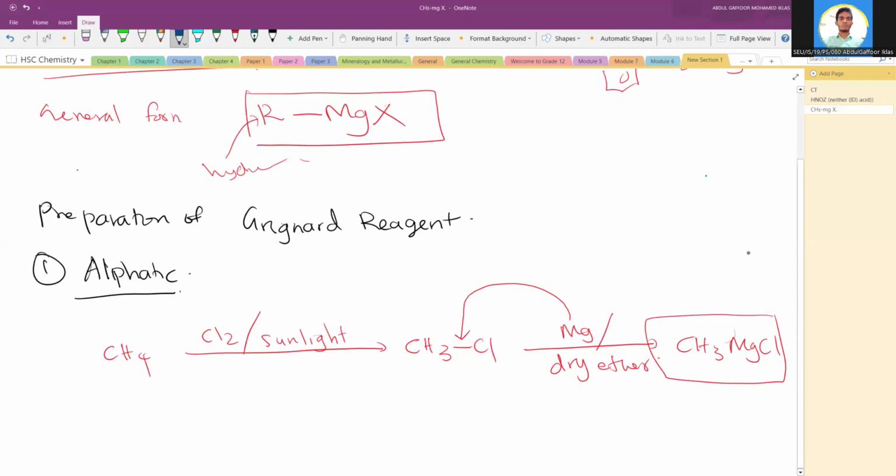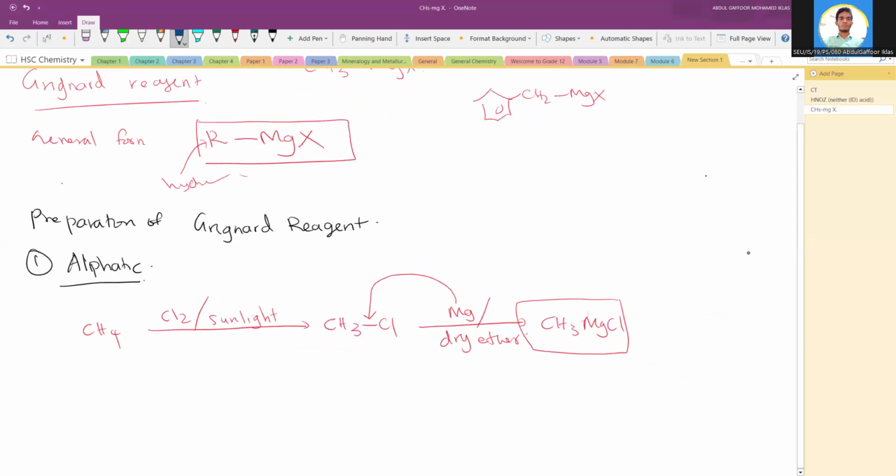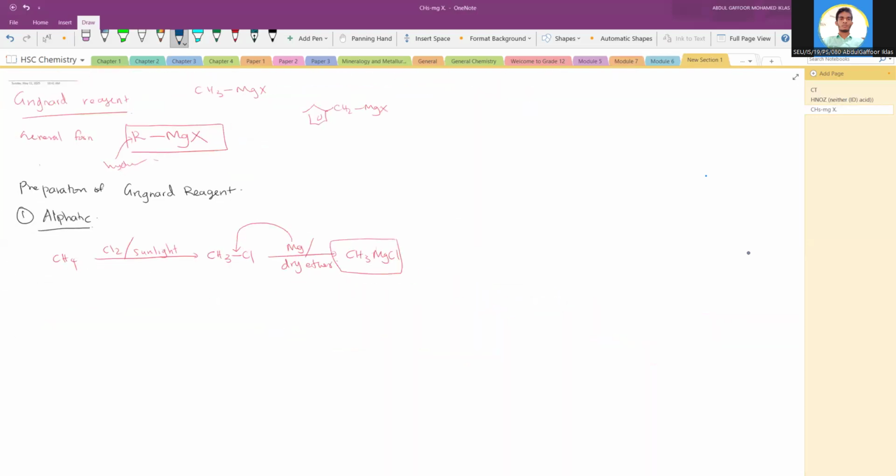And then this is very important: aromatic. Next, aromatic Grignard reagent. Aromatic means we have to start with benzene.